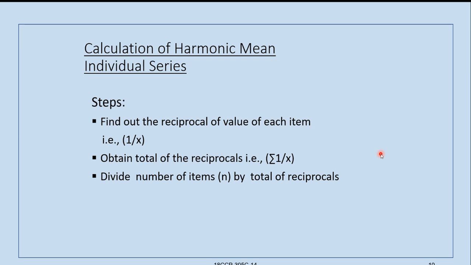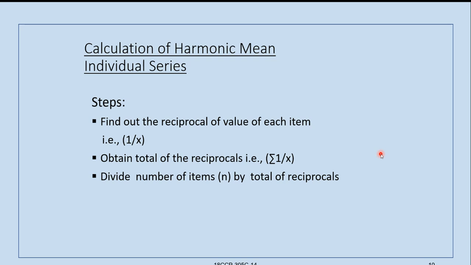As we have seen in the formula also, n by the reciprocal. That means 6 by 1 by 20. So first of all, we will calculate what is 1 by 20. For example, 0.05 is the result of 1 by 20.